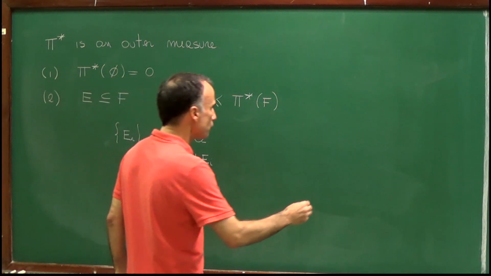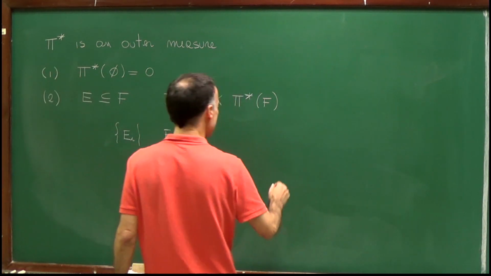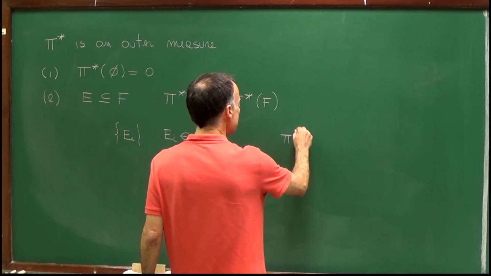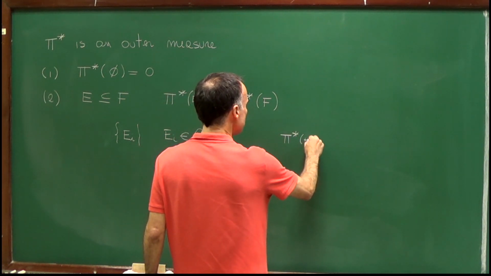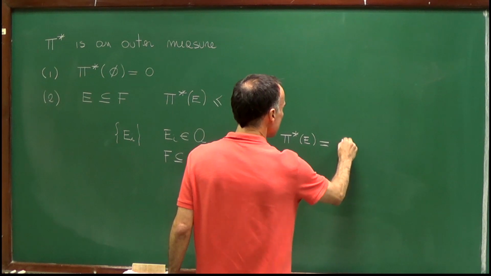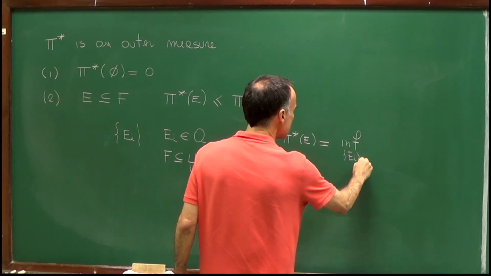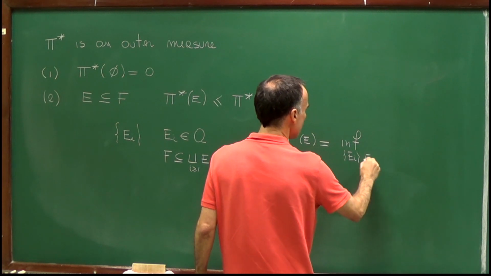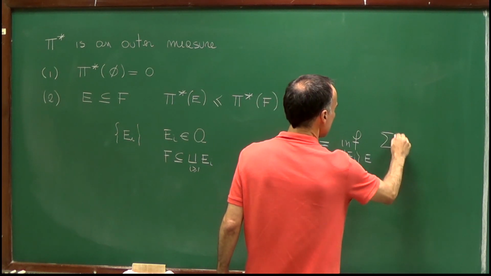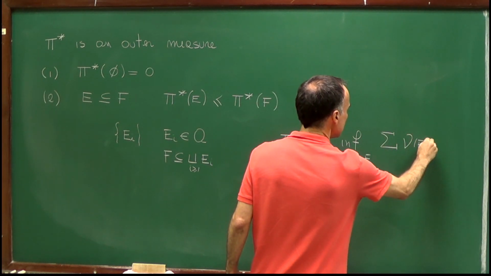This means that when I define P star of E, I'm taking an infimum over all coverings of the set E of the sum of nu of EI.